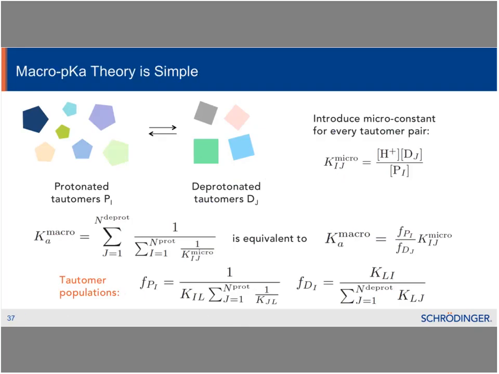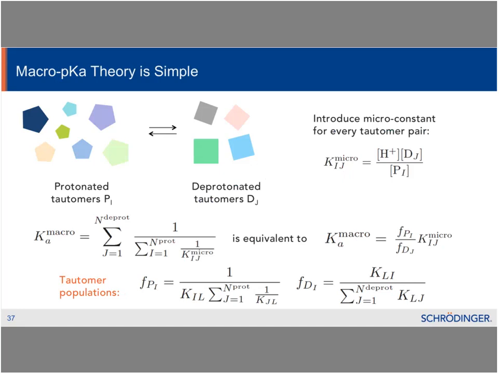The macro-pKa theory is simple. We have protonated tautomers on the left-hand side and deprotonated tautomers on the right-hand side. If we define the micro constant like this for every pair of deprotonated and protonated tautomers, then, as I said, we can assemble this macro-Ka. If you want pKa, take a negative logarithm of it, and you're done.